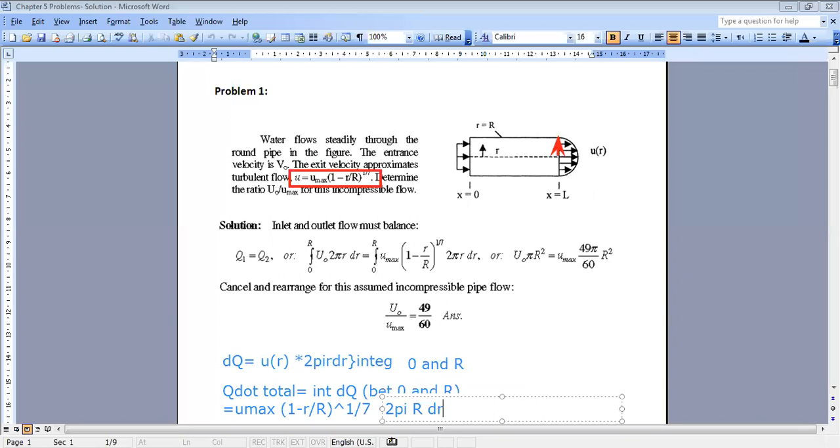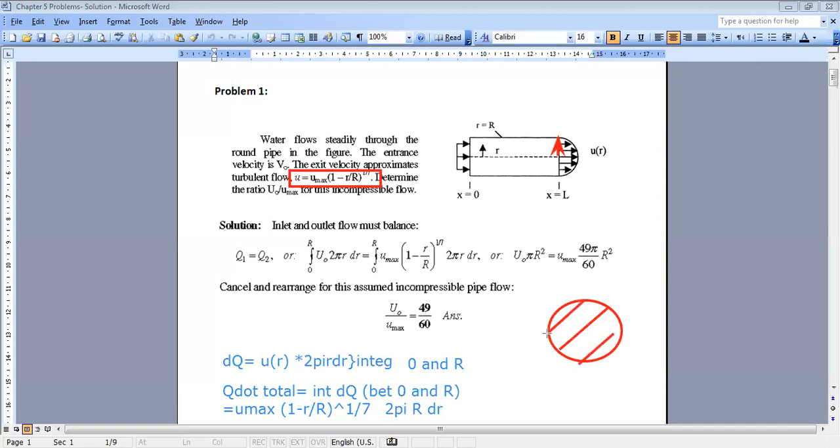A question in the chat. Yes, why 2 pi r dr and not pi r squared? Because if you do pi r squared, you obtain the total cross-sectional area. So look, I will do a figure here to explain why. If you do pi r squared, you are considering this whole area. But as you know, for this area you don't have the same velocity everywhere.